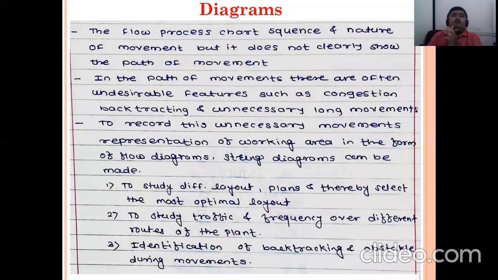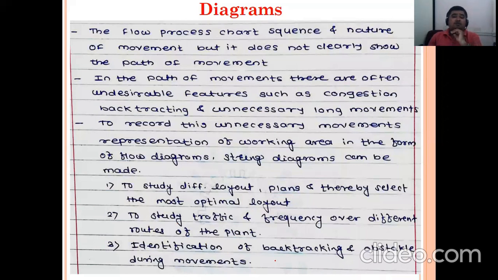We might know these situations: if you listen to FM radio, they say on this road more traffic is there. So traffic and frequency mean how many times that road gets blocked. Here, from an industrial point of view, it doesn't mean any outside roads. It means the roads or paths in the industry, like the maintenance department path, store side path or canteen side path, where there is more traffic and more frequency.